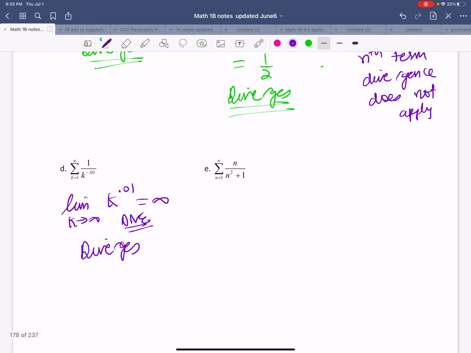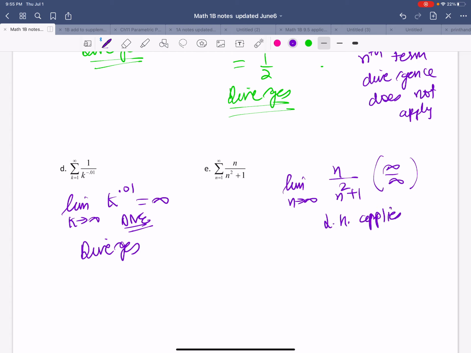Okay, summation n equals 1 to infinity of n over n squared plus 1. We're going to find the limit as n goes to infinity of n over n squared plus 1. This is a bottom heavy polynomial. To show work, we would divide numerator and denominator by n. Or we can also use L'Hopital's rule. This is infinity over infinity form.